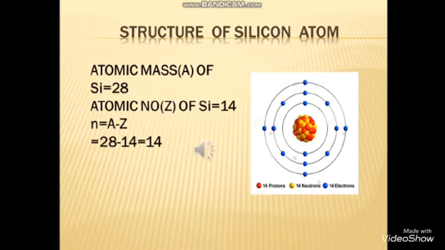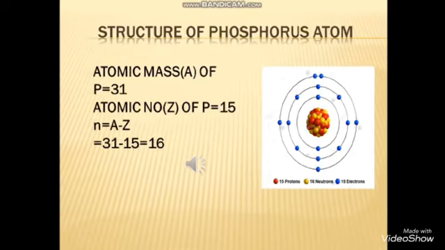The silicon atom contains 14 protons, 14 neutrons and 14 electrons. The phosphorus atom contains 15 protons, 16 neutrons and 15 electrons. The first shell contains 2 electrons, the second shell contains 8 electrons and the outermost shell contains 5 electrons.